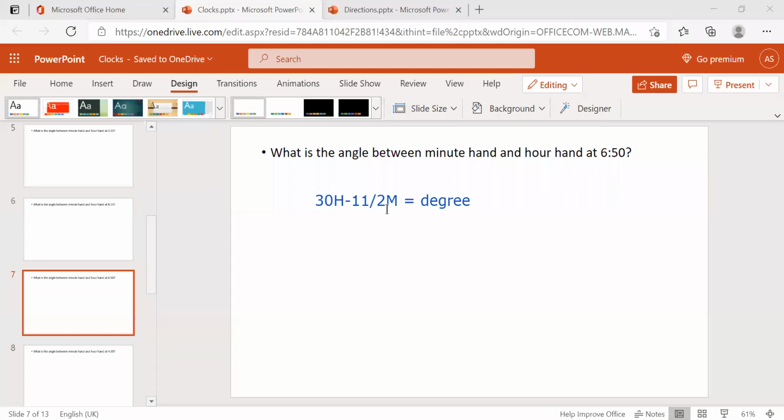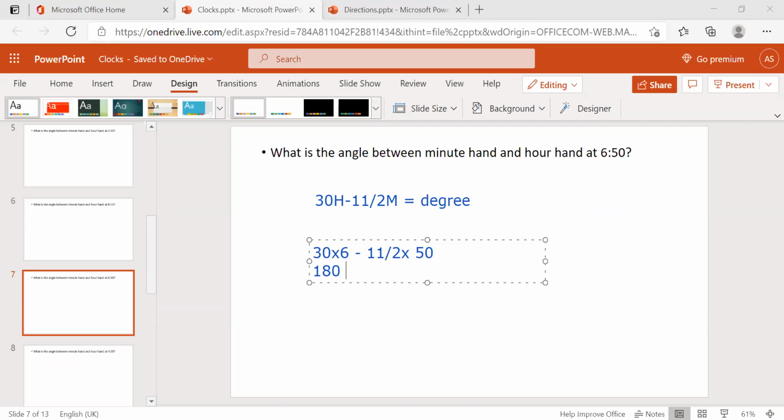What is the hour here? 6, right? So 30 into 6 minus 11 by 2 into how many minutes is there? 50 minutes. Now 30 into 6 is nothing but 180.